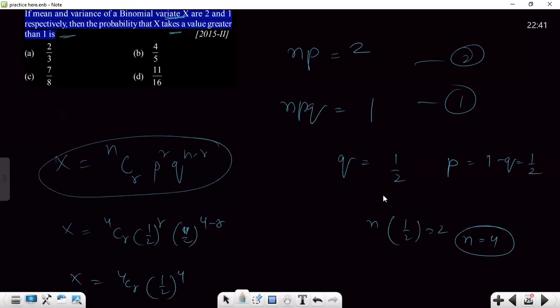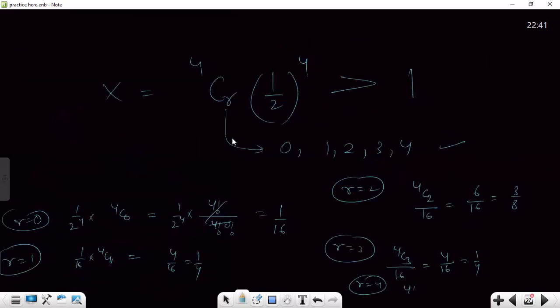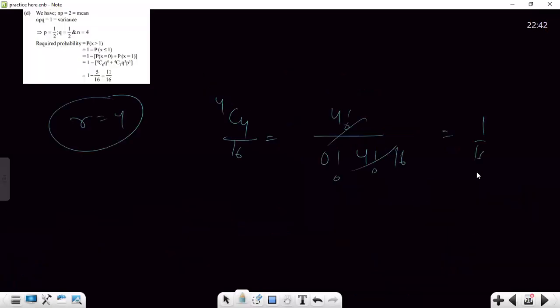What we had to find out is the probability that X takes a value greater than 1. Greater than 1 means 2, 3, 4. So for R equal to 2, 3, 4, the probabilities are 3 by 8, 1 by 4, and 1 by 16.